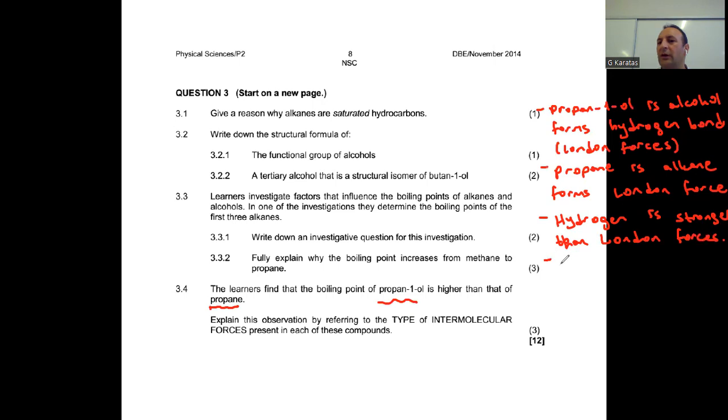That means it needs more energy to overcome. To overcome what? The hydrogen bond. That's it. Okay, that is question 3 of November 2014.